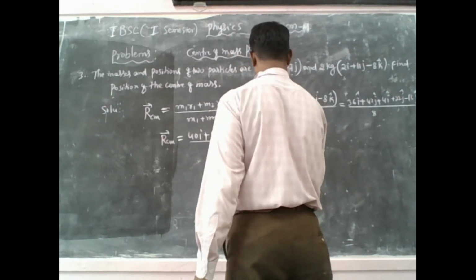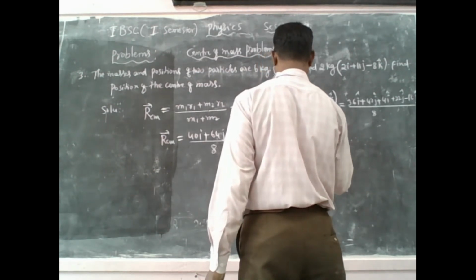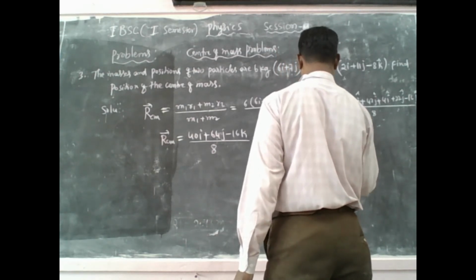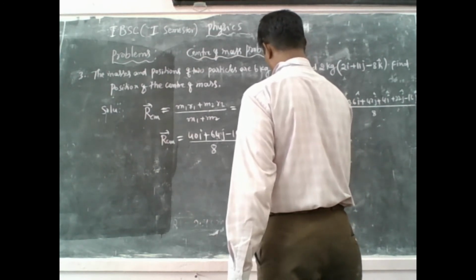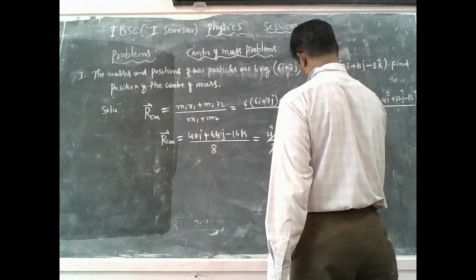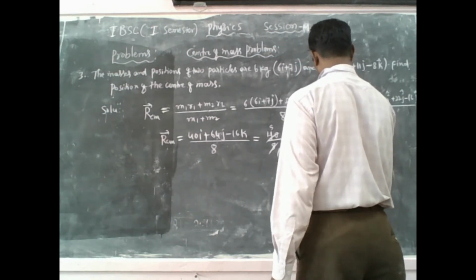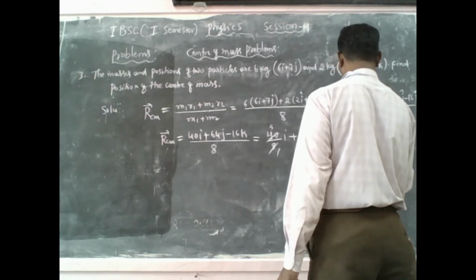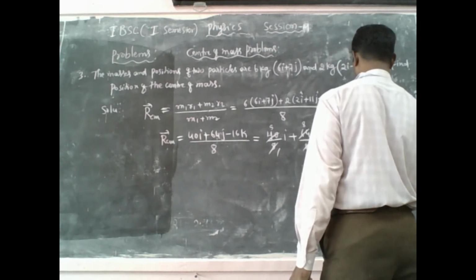So 40 divided by 8 i plus 64j divided by 8 minus 16k divided by 8. 8 fives are 40, 8 eights are 64, and 8 twos are 16. So therefore what is the value? 5i plus 8j minus 2k.